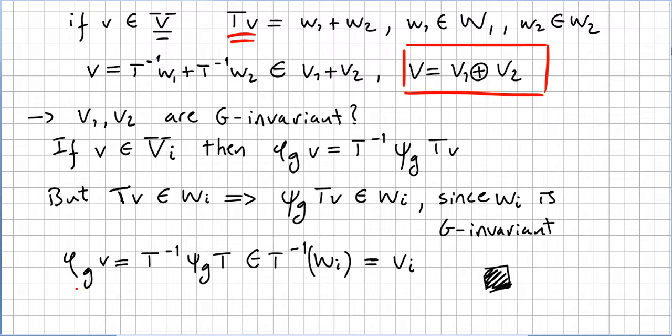So phi g of v will be T inverse psi g T v, which is in the inverse of Wi. But what is the inverse of Wi? That's one of the subspaces of V, and this concludes the proof.